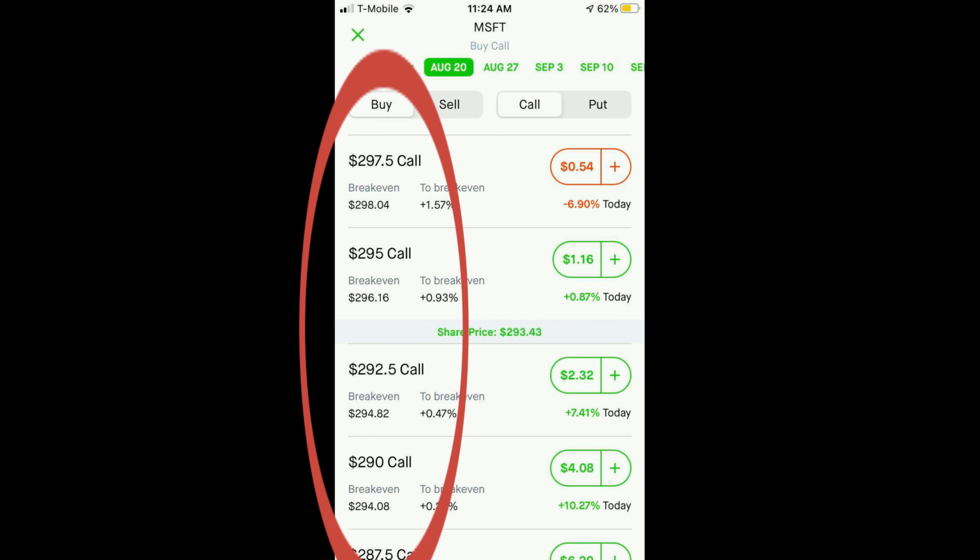Now, on the left of the screen, you see different prices. These prices are called the strike price. This strike price is a price that the owner of the contract would buy the stock at. So, for example, if you own a call option for, say, $250, but the current stock price is $293.43, then no matter the price before or at the expiration date, the owner of the contract has the ability to buy the stock at $250.